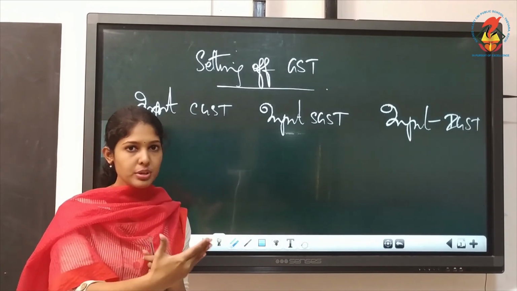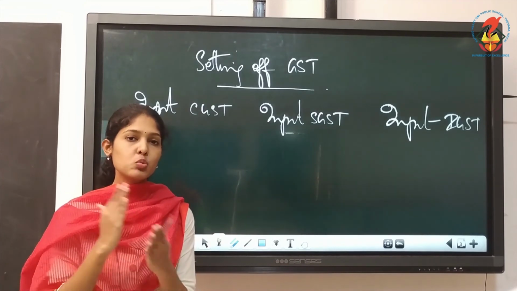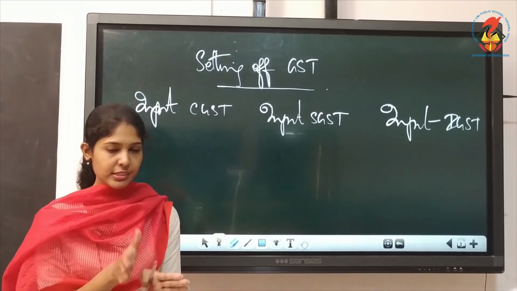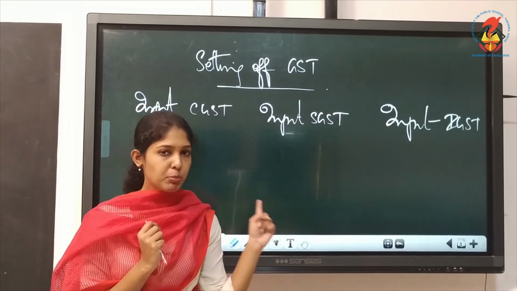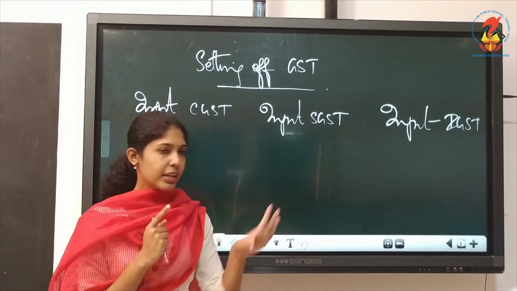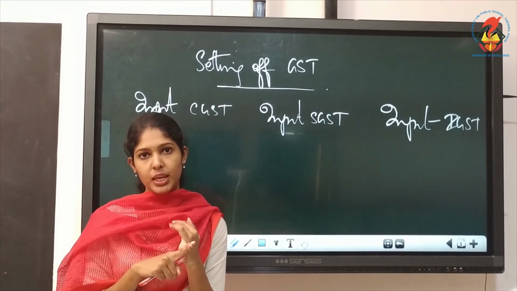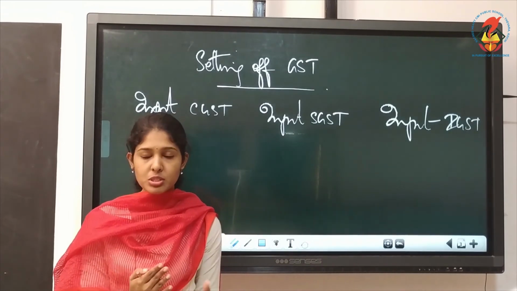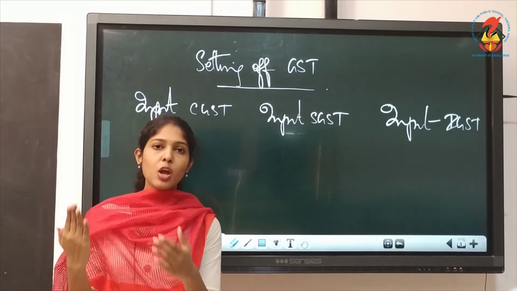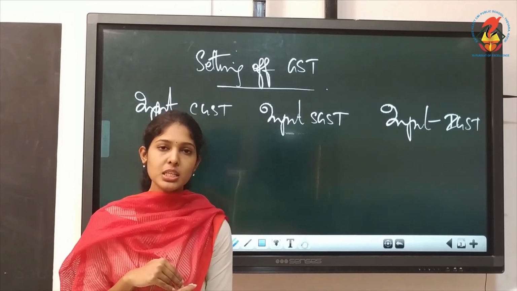So the paid amount can be set off against the collected amount, and only the balance we need to pay to the government. For example, you purchase some goods, you paid input GST, it can be any of these, input GST of rupees 10,000. Then you sold some goods, it may not be the same goods, and on that you collected some GST, that is output GST.